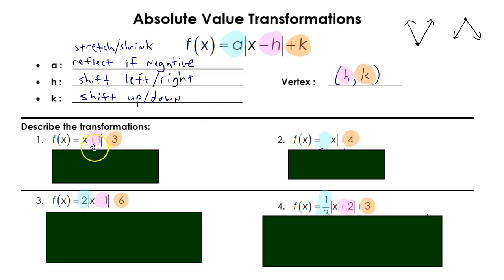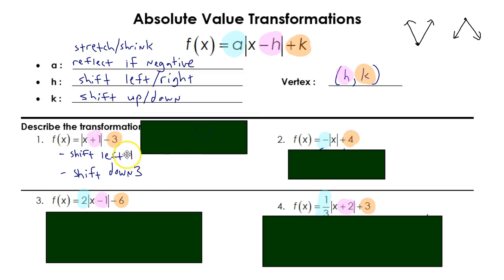So this plus 1 is actually a shift to the left 1. But the minus 3 at the end doesn't have that limitation. It is exactly as you see it. So minus 3 is down 3. So we have left 1 and down 3.